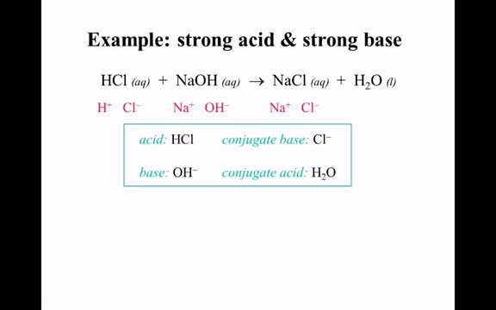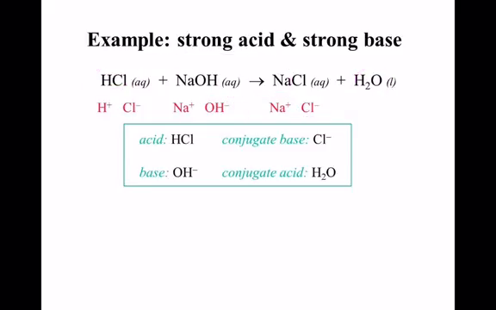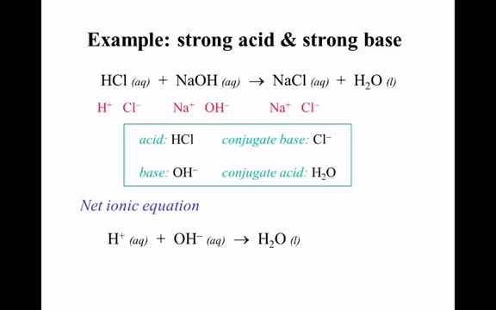The chloride ion always throws me off. So our HCl differs from our chloride ion by a proton. Our OH differs from our H2O by a proton. I buy that. Net ionic equation, we remove the spectator ions, or spectator ion, excuse me, only the chloride, or the sodium ion, and the chloride ion.